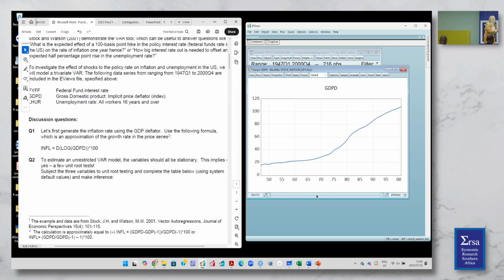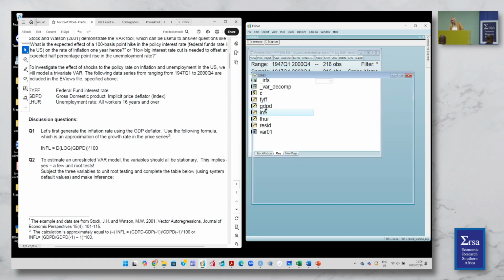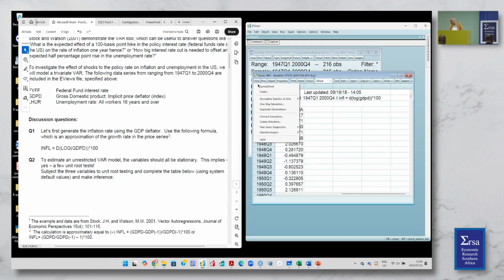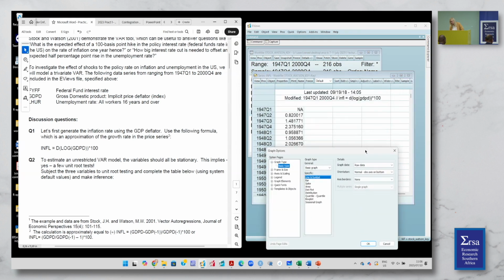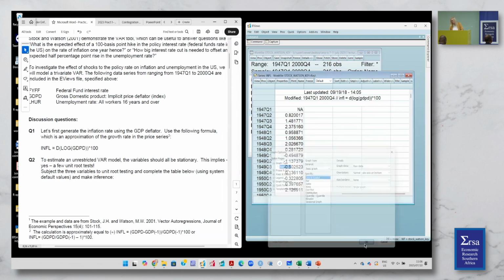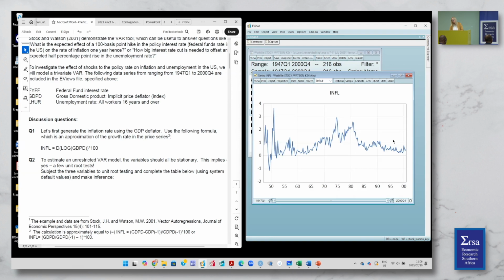Here we can see with the oil price shocks a sharper increase in the price level and then a slowdown in that increase again. So that will reflect in the inflation rate as well. And we just calculated that as the difference of the log times 100 to give us this quarterly inflation rate.